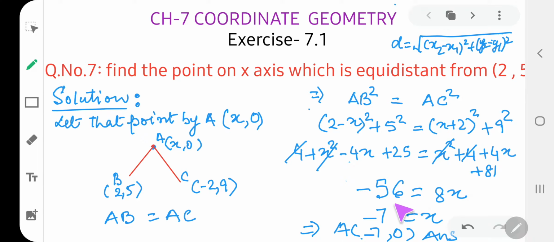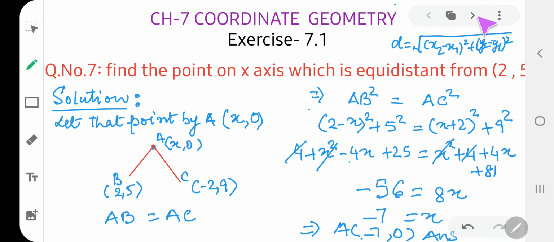And when you subtract, it will become minus 56. And therefore, the value of x is minus 56 divided by 8, that is minus 7. Therefore, that point on x-axis is (-7, 0). This will become your answer.